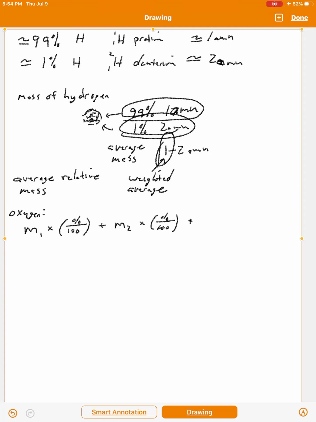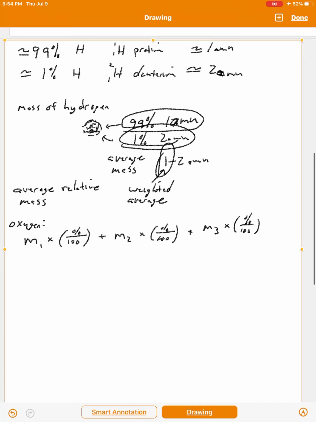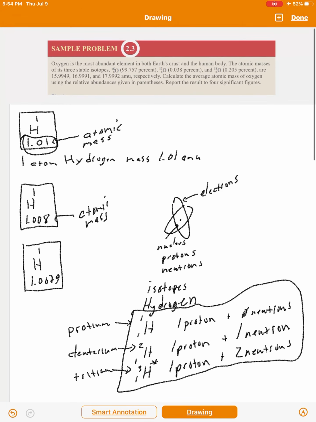Then you add to that your third mass, which is multiplied by its percentage divided by 100. Now, these three masses, M1, M2, and M3, for oxygen, those are the atomic masses that are given in this problem.